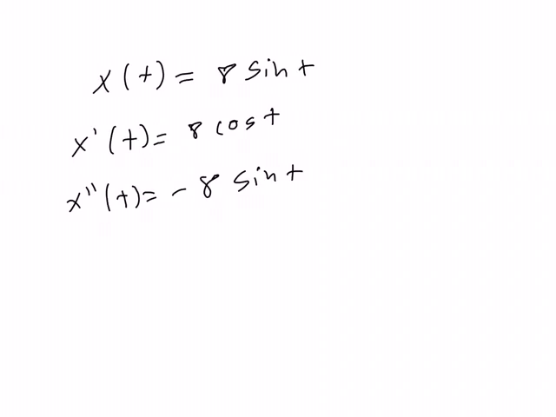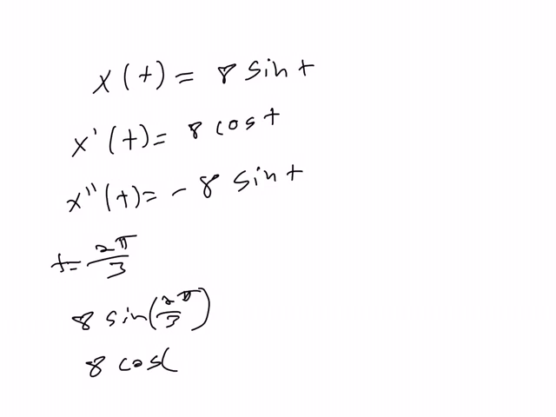Find the position, velocity, and acceleration of the mass at time t equals 2 pi over 3. Well, we just plug it in. We get 8 sine 2 pi over 3, 8 cosine 2 pi over 3, and negative 8 sine 2 pi over 3.